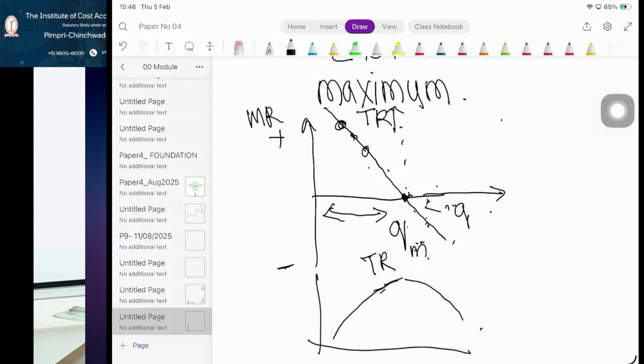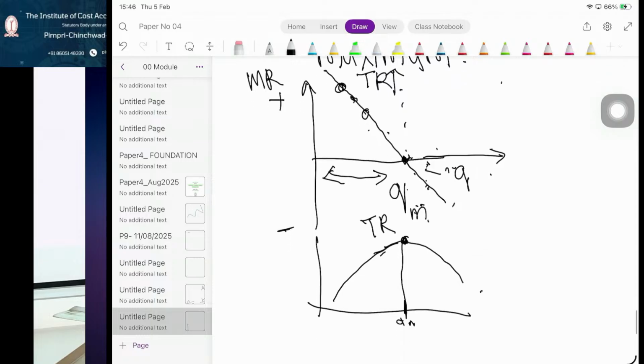And at Q1, that is this QM, total revenue will attain a maximum value. Okay, so the TR curve is like an inverted U. It is like this, and here where it attains a maximum value, MR is equal to 0.